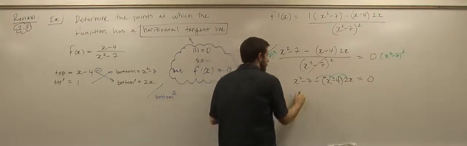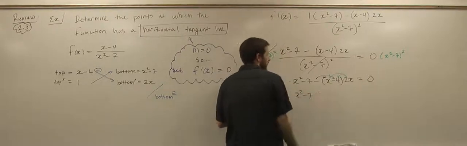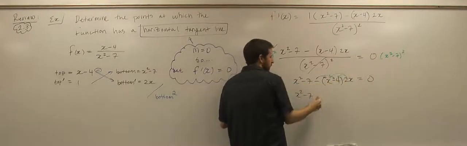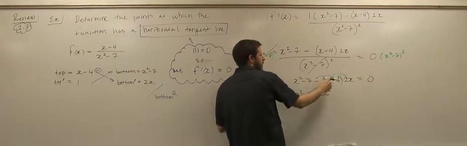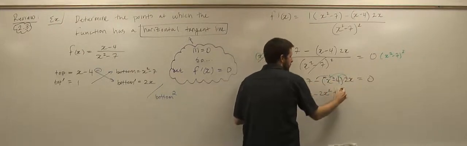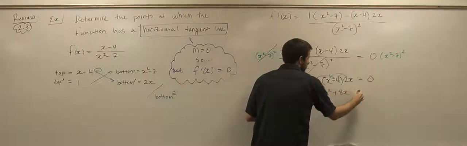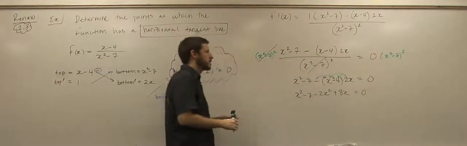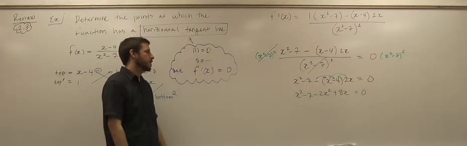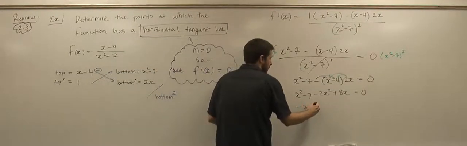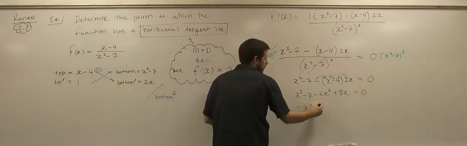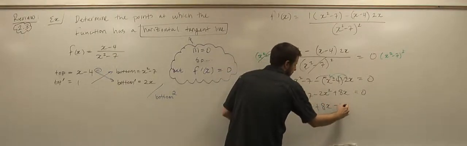So I'll get x squared minus 7, and then negative x times 2x, so minus 2x squared, and I'll have plus 8x, positive 4 times 2x, plus 0. Let's collect like terms: x squared minus 2x squared, plus 8x, minus 7, equals 0.